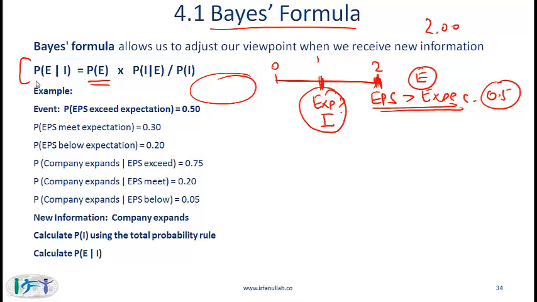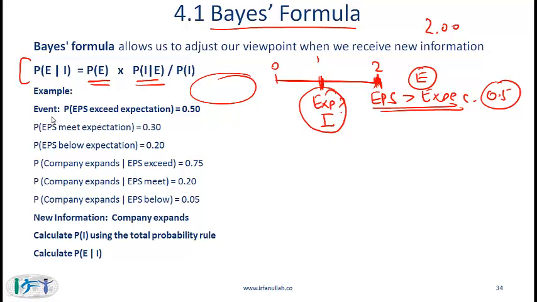And the way the formula works is this: the probability of the event given the new information is equal to the original probability of the event times probability of information given event divided by the probability of the information. Many students have trouble over here with the conditional probabilities, but once we work through the numbers here, it will become easier, and then you have to find problems on Bayes' formula and practice them to really understand this concept well.